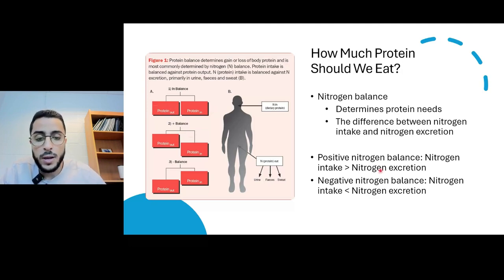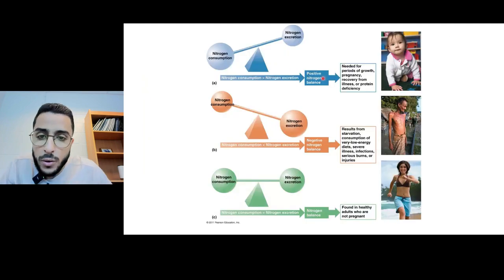If you're excreting more than taking, then that's a negative nitrogen balance, and if you're taking more than excreting, that's a positive nitrogen balance. When you are growing, you need a positive nitrogen balance because you need to take up more than you are excreting, because these proteins will be used as building blocks for the new cells you'll be making.